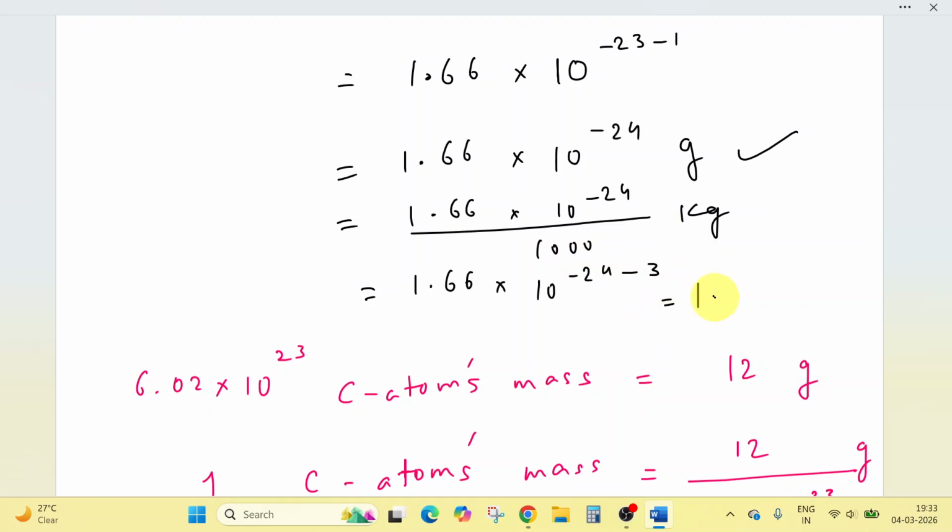So it is giving us 1.66 into 10 to the power minus 27 kg.